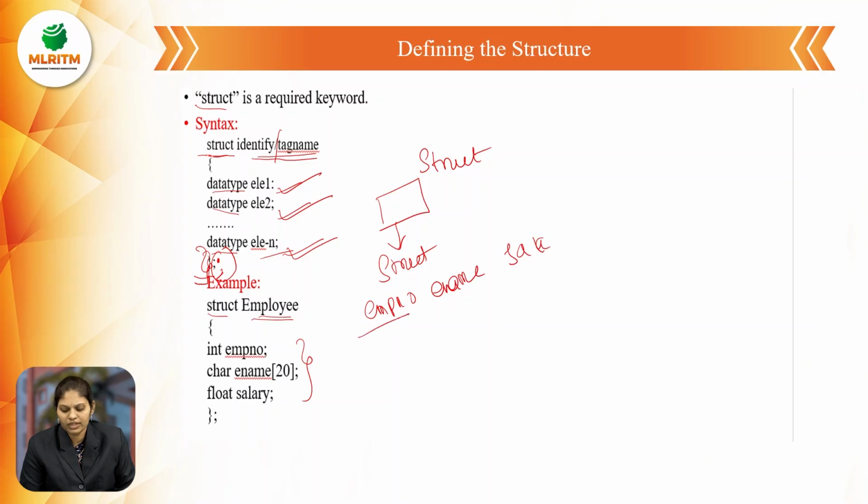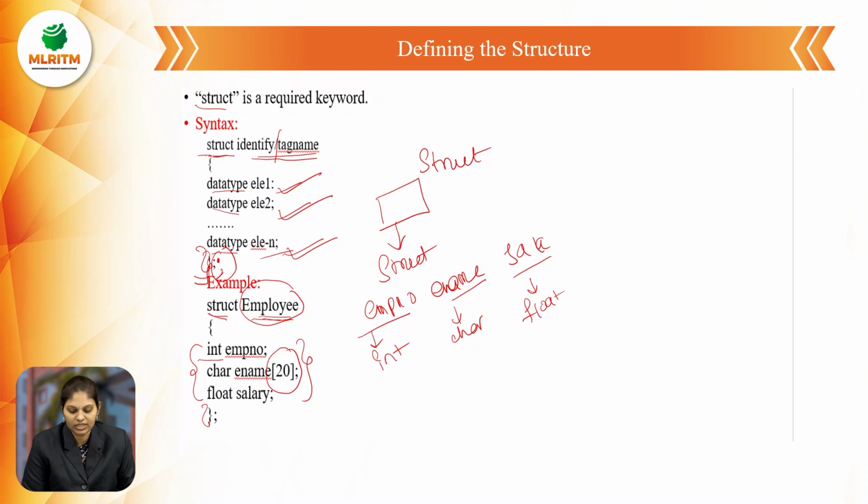Employee number is an integer data type, employee name is a character data type, and salary is a float. I am mentioning the name size as 20. The tag name is employee, and I am using different data types: integer, character and float. After this I close the brace and give the semicolon.